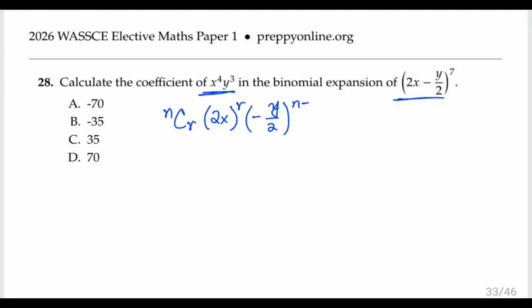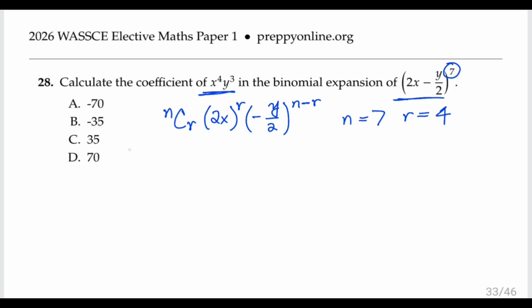But here n is 7. So let me substitute the correct values for n and r. Here we are going to use n equals 7, and r is the power of x, so r is equal to 4.